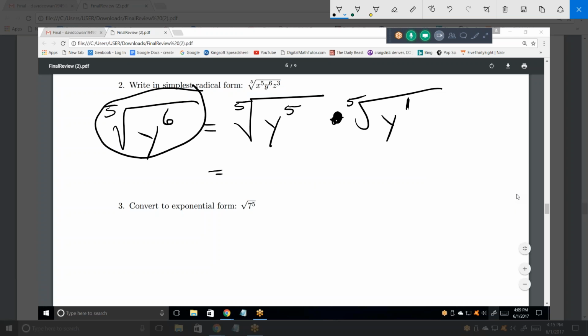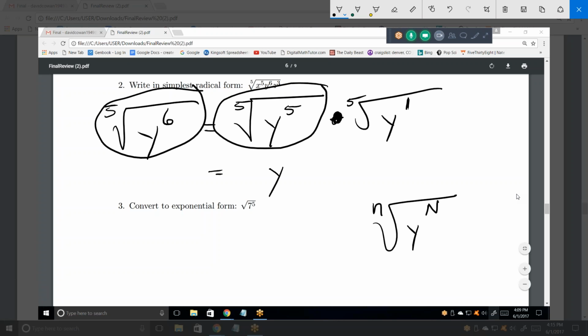So if that is a true statement, then the answer is the 5th root of y to the 5th. What's that part equal to? The nth root of y to the nth, because you divide them, those n's cancel, and it's equal to y.